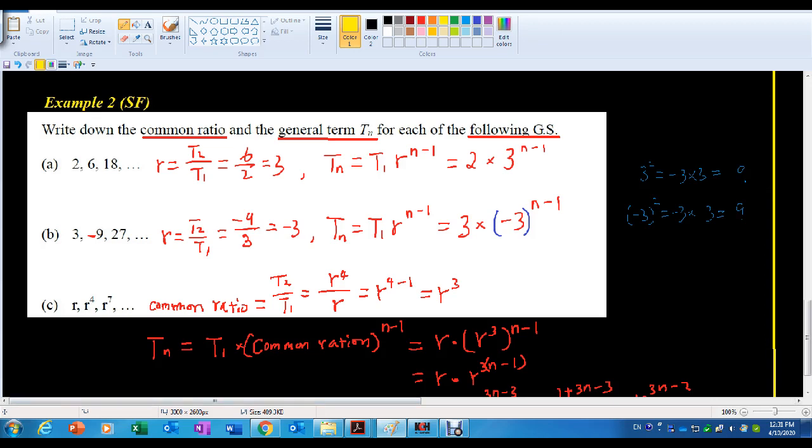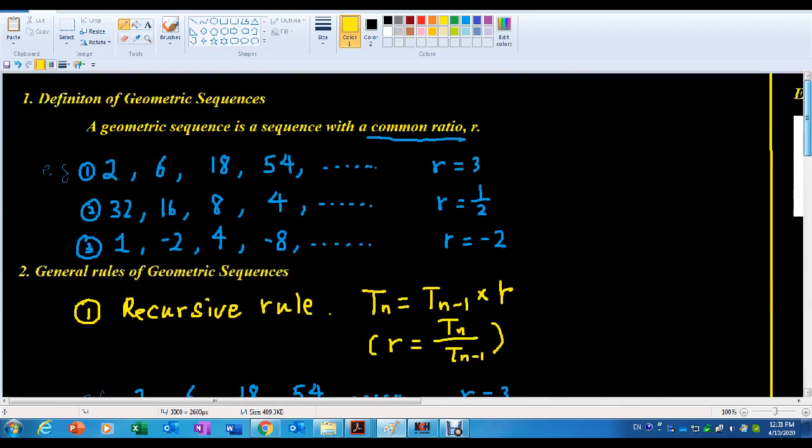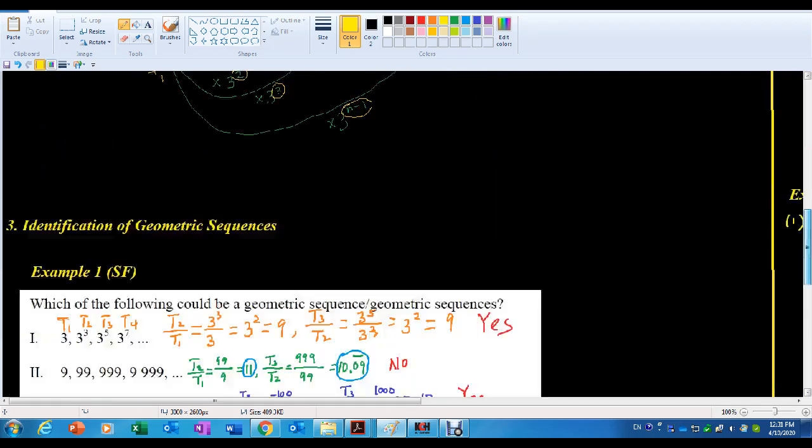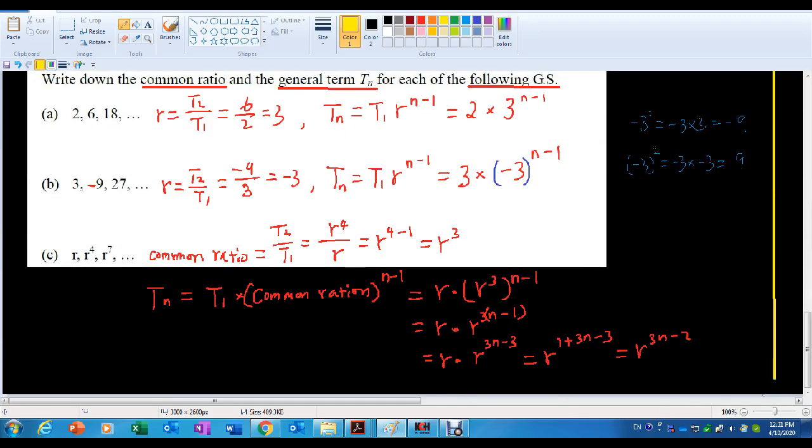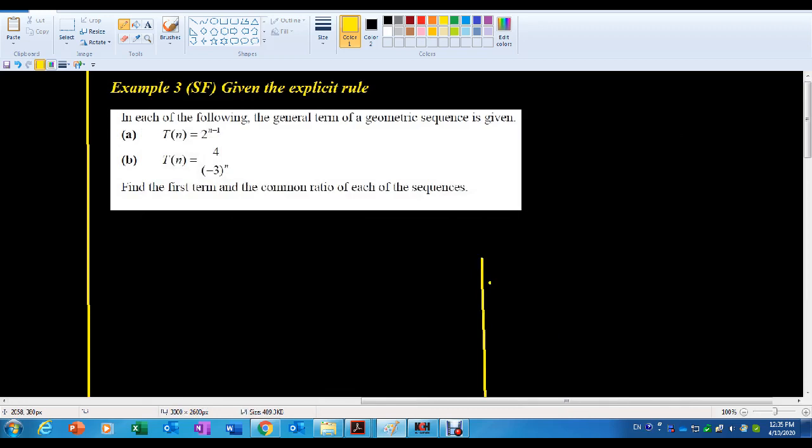They are just simple familiar questions, right? Okay, good. Make sure you have a good sense of what a geometric sequence is. We might pause here for some time.